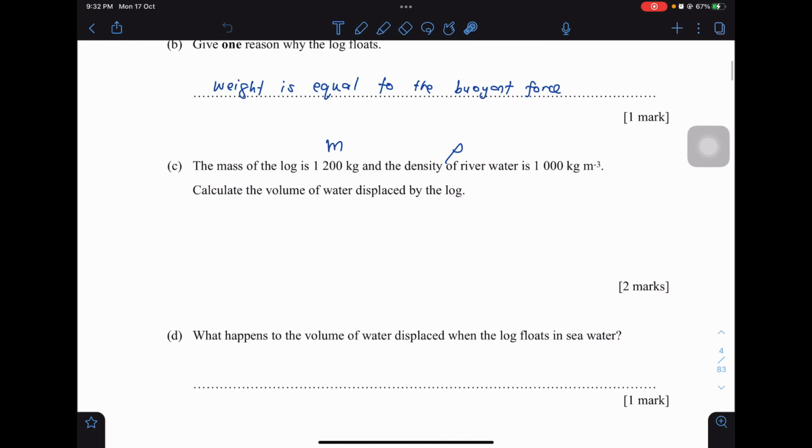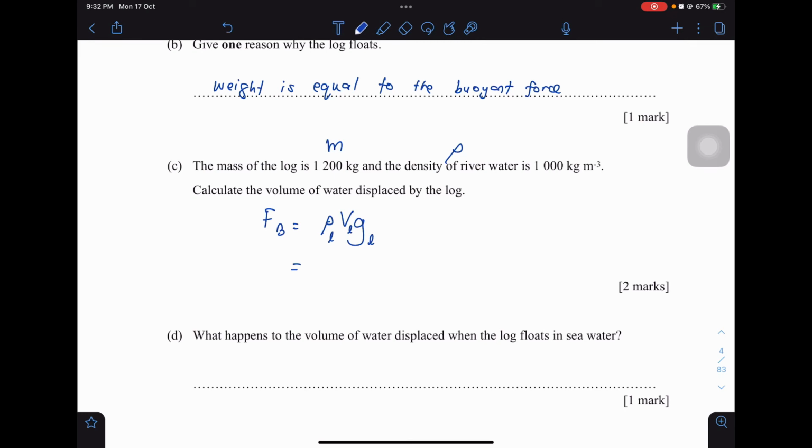So, rho V g. The density of the liquid and the volume of the liquid displaced, because the liquid holds the water, the water holds the log.